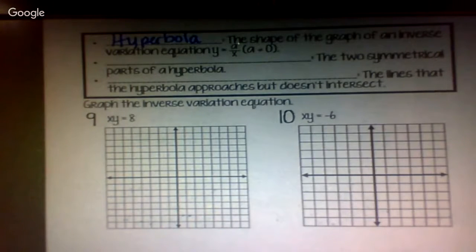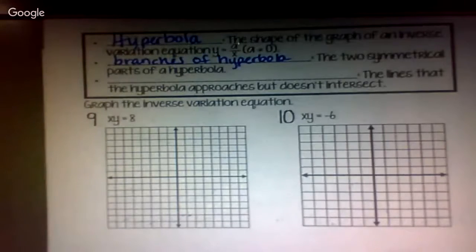Okay. The two pieces of your hyperbola are called your branches. They are two symmetrical pieces.